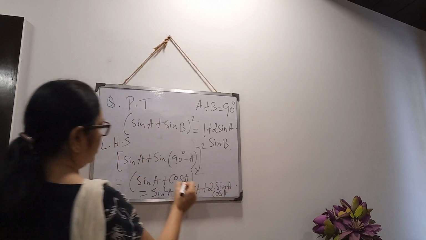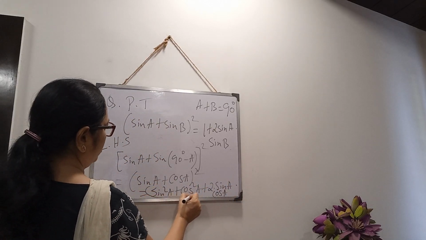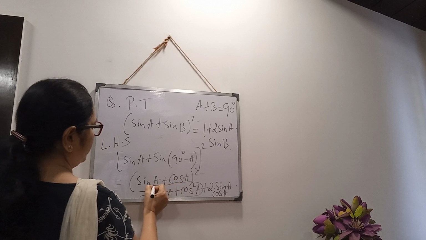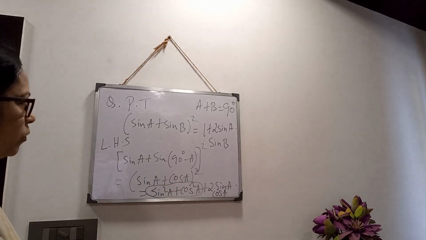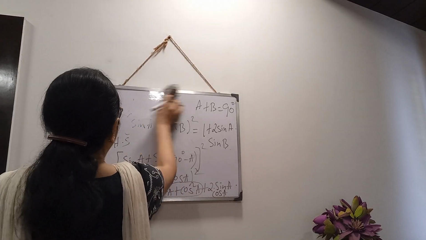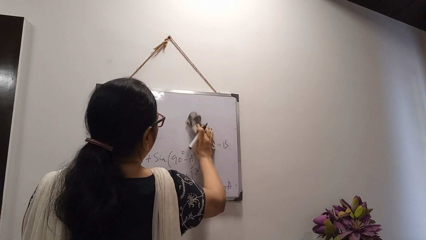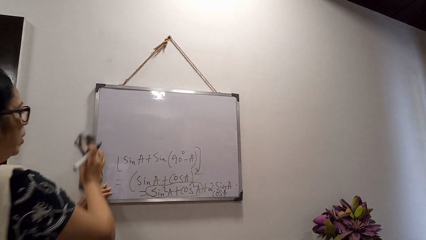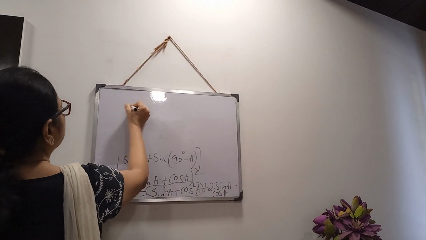Clear? Now this you know, again the formula: sin square A plus cos square A, all of you know, is 1.